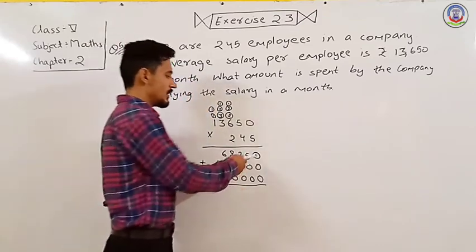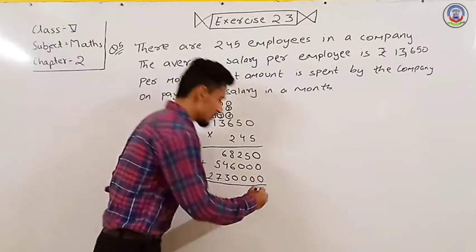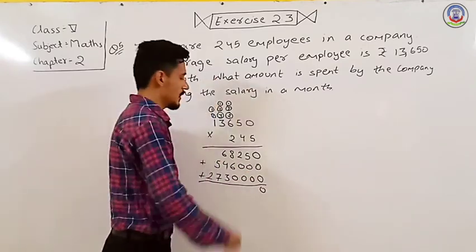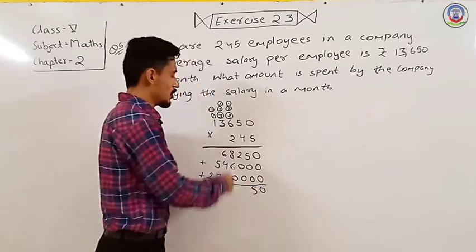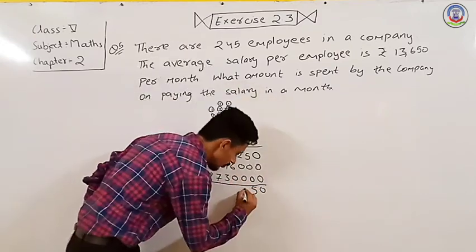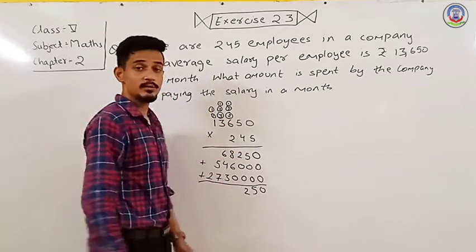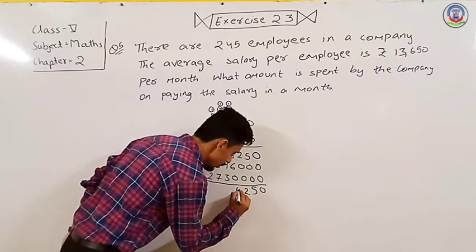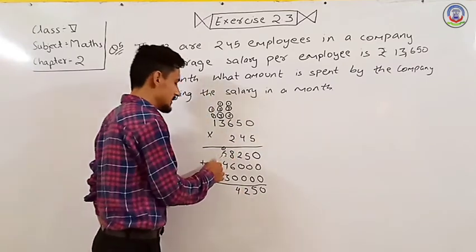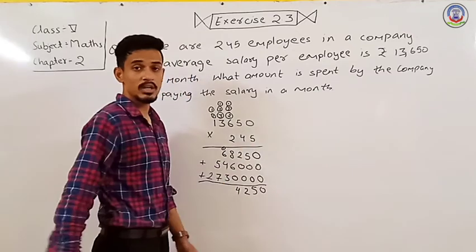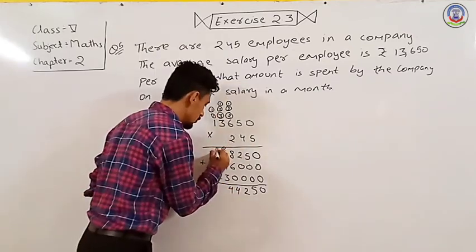So as we know, we have to start from rightmost. It is 0, 0, 0. So we write 0, 5, 0, 0, 5, 2, 0, 0, 2, 8, 6, 0. It is 14. So we write 4 here and 1 goes to carry. Next we have 1, 6, 4, 3. So it is 14. So we write 4 here and 1 goes to carry.